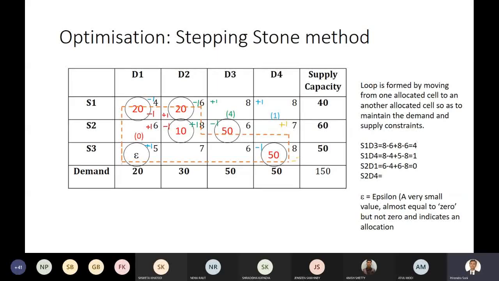In this cell, again, +1. In this cell, -1. So alternate +1, -1 at the corners. So यहाँ पर अगर -1 हो रहा है तो यहाँ पर it would be +1. So we will have -1 here. और यहाँ पर +1 ऑलरेडी है. So the loop is formed.